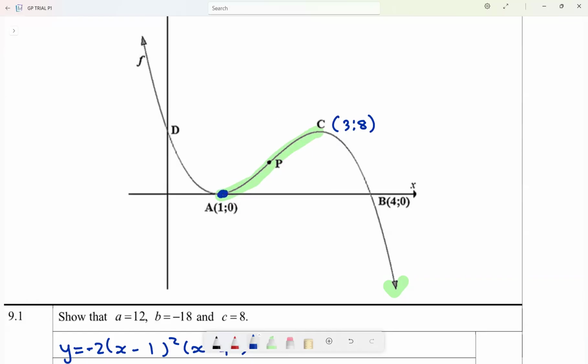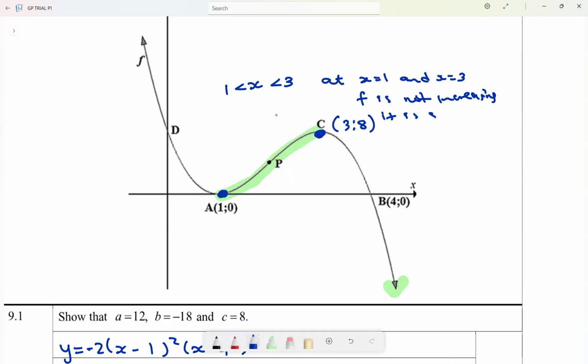Remember here, it is not increasing or decreasing, it is stationary here. So it is strictly increasing between x equal to 1 and x equal to 3. So x needs to be between 1 and 3. Why am I not including 1? Because at x equal to 1 and x equal to 3, f is not increasing. It is stationary.